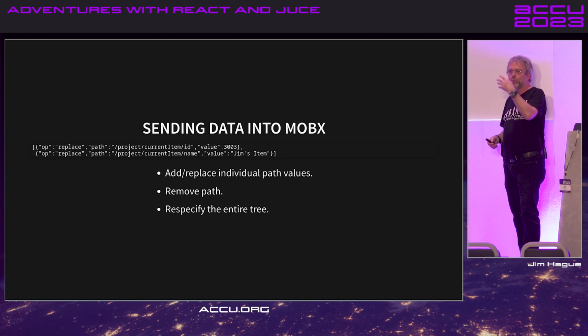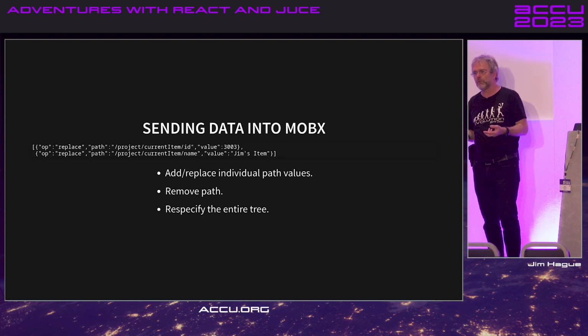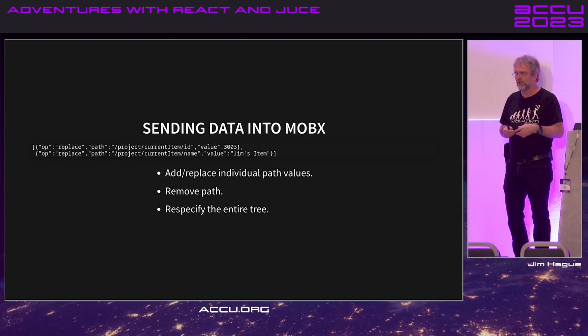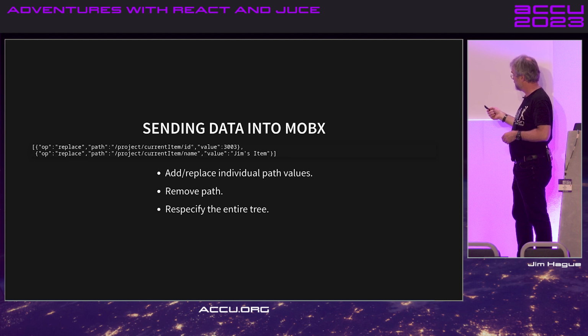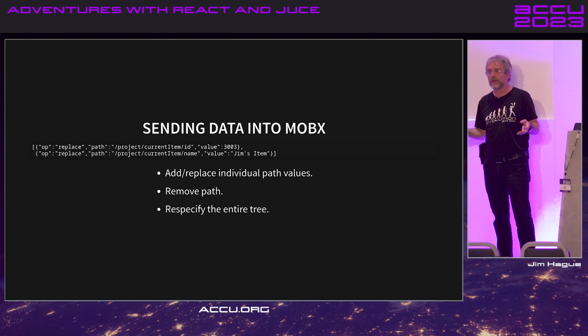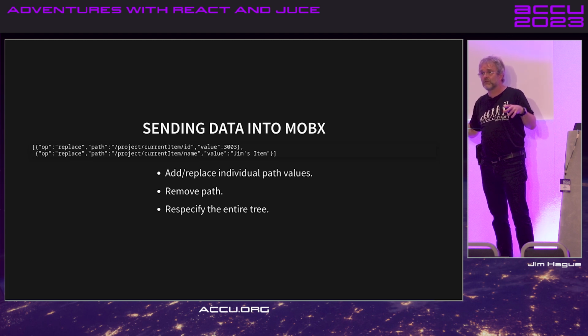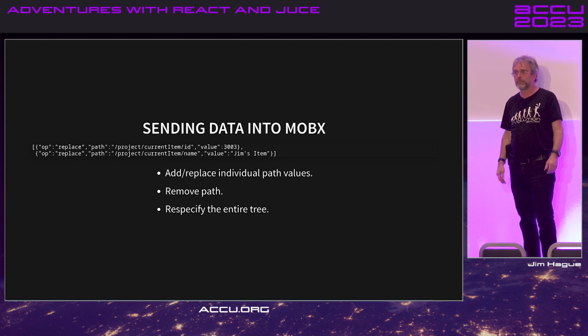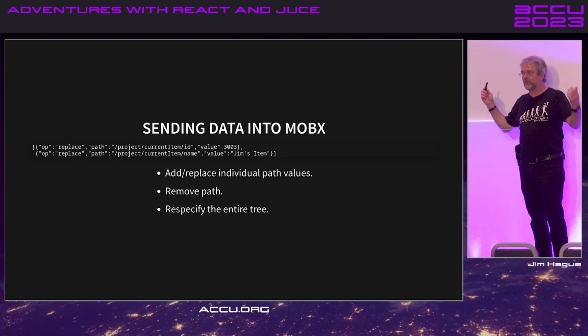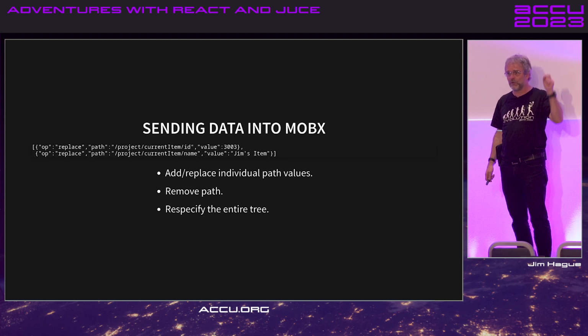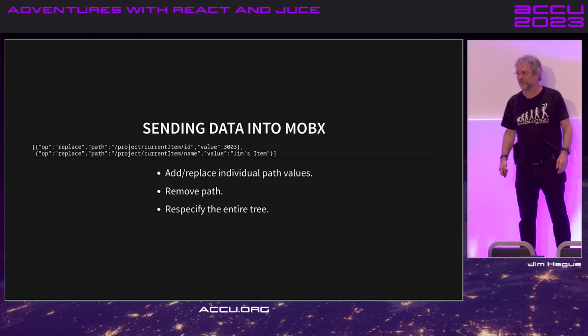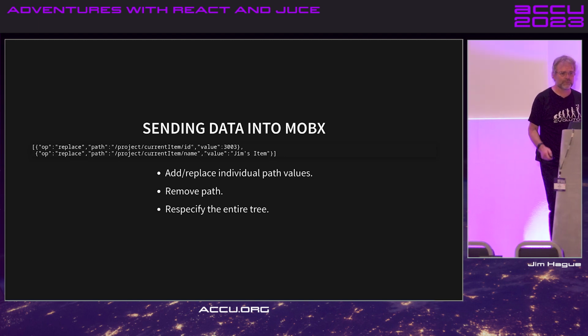So in fact, we only have two events to transmit to React. We have one event that says just apply this patch. You can have add, replace, or remove operators in that. The other one we've got is actually just, here's the entire tree again. The change has just got too big. It doesn't make sense to try and delta this thing. Look, wipe what you've got, and use this state from scratch.